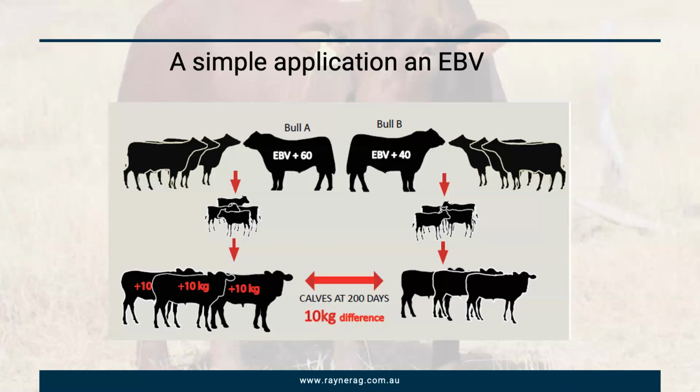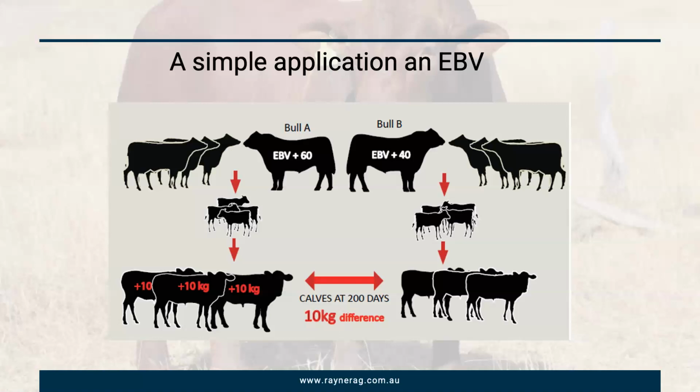So when we look at 200 days at the progeny from bull A versus bull B, what we would expect is that there should be a 10 kilo difference, because we look at the difference between 30 and 20, which is half of what both bulls have contributed, which gives us that 10 kilo difference between those animals.